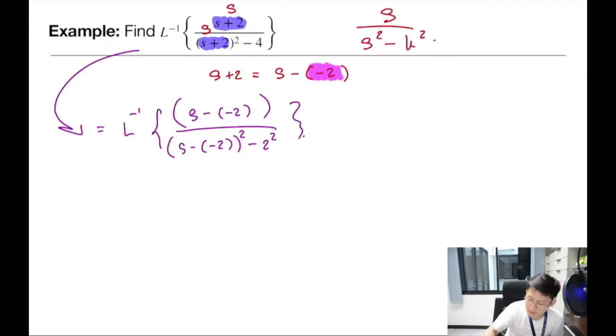And then the s was shifted, right, from s to s minus minus 2. So I pull s minus a out, right? This can be seen as a. So I pull the a out.